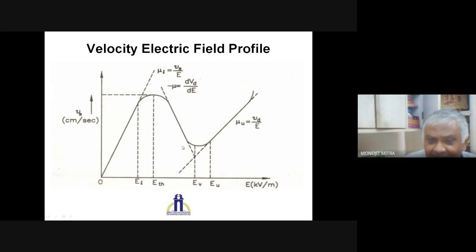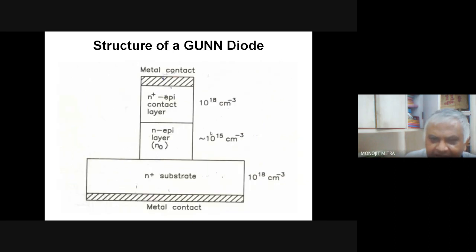With the increase of electric field or voltage, the lower valley electron concentration decreases, and current means the amount of charge that flows, so automatically the total amount of current decreases. Now this structure I had already shown you in the last class, when only a few minutes were left, but I am going to discuss it again.